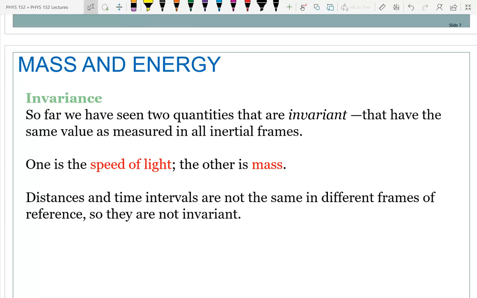Okay. The invariant that they learned was if you have a flash of light and you measure the radius of the sphere as it emanates outward, the radius of that sphere in any reference frame should be the speed of light multiplied by the time in that reference frame. But you can also get it using the Pythagorean theorem in 3 dimensions of x squared plus y squared plus z squared.